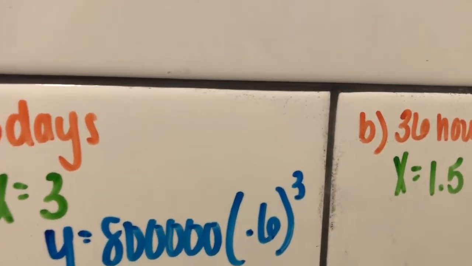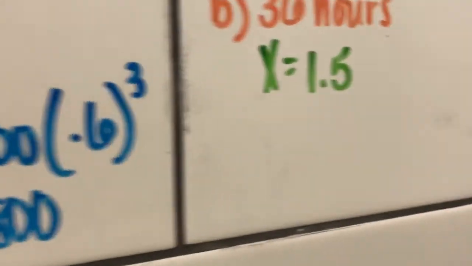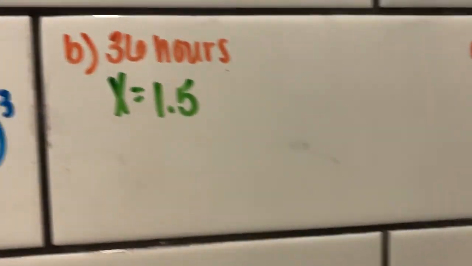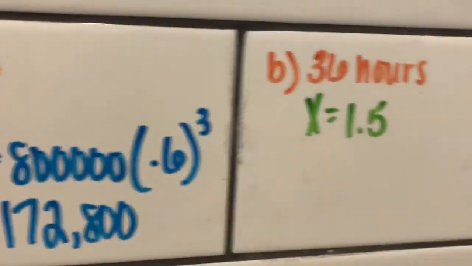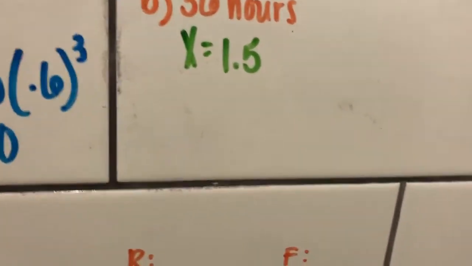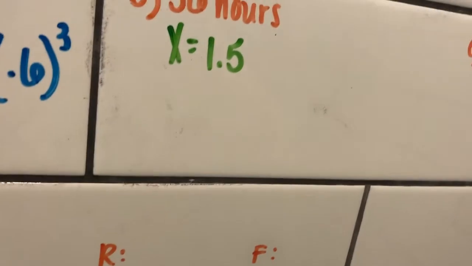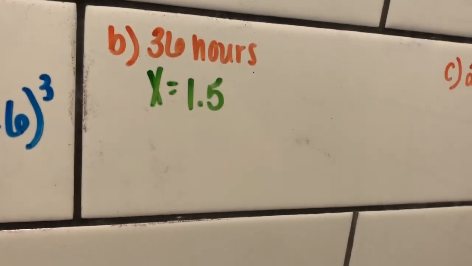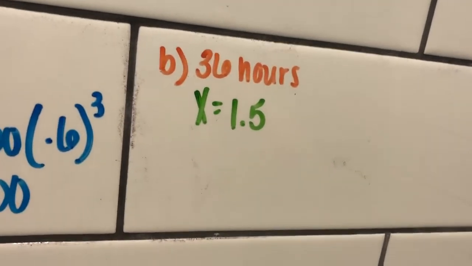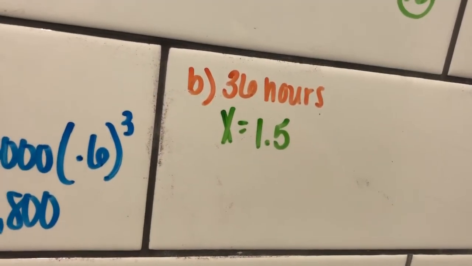let me see, I actually didn't do this one out, so I don't have the answer for you right now, and I'm on my phone, so I don't have my calculator. Let me grab my graphing calculator. So when I do this one out, I end up with 0.6 to the power of, we said 1.5.